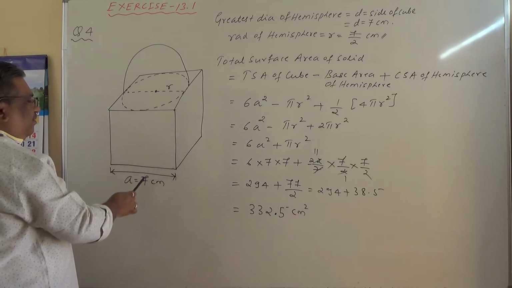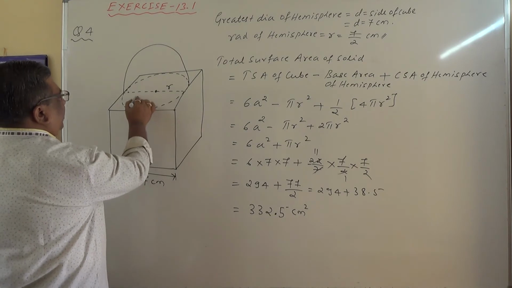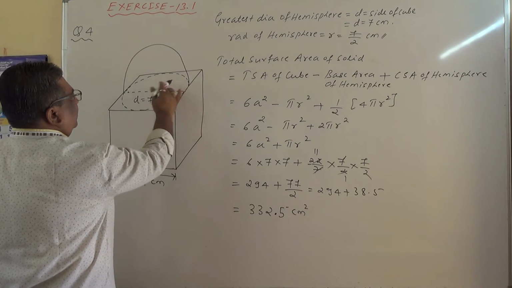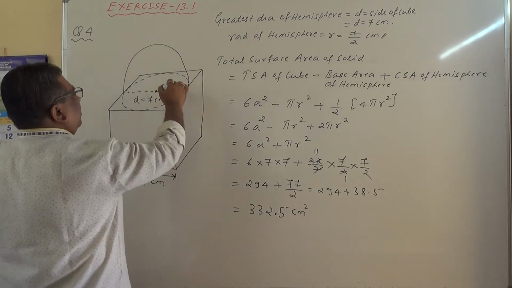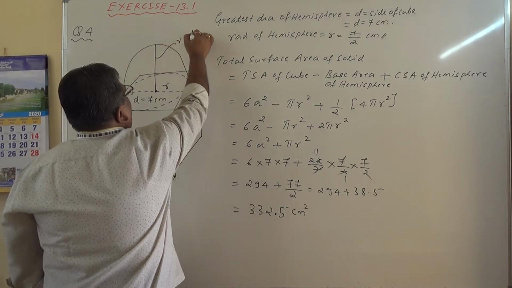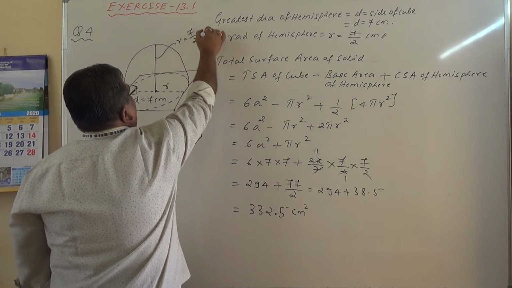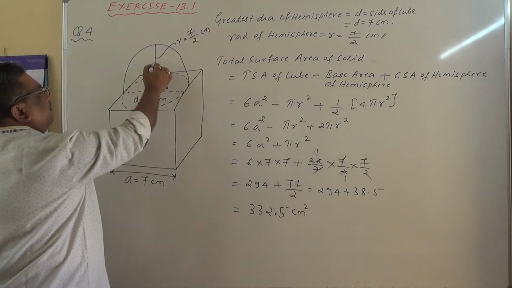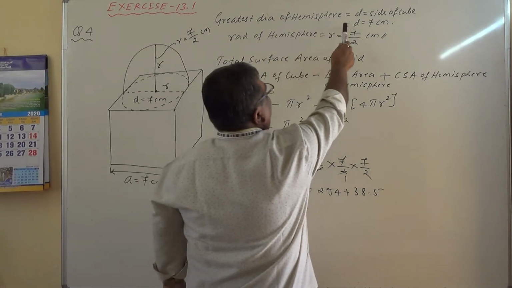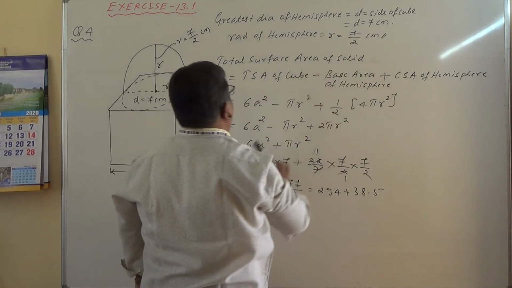So information given to you is a is equal to 7 centimeter, the diameter you can get as 7 centimeter, and radius r is equal to 7 by 2 centimeter. Clear? So greatest diameter of hemisphere D is equal to side of the cube, which is 7. Radius of the hemisphere is 7 by 2 centimeter.